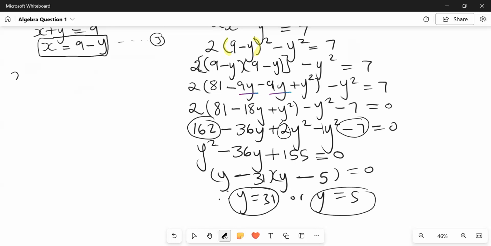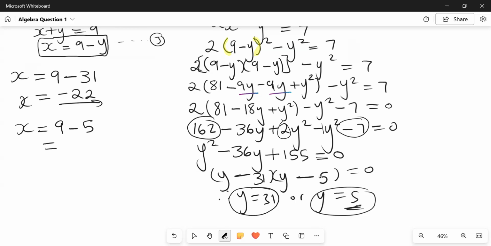So you have your x equals 9 minus, let's start with 31. 9 minus 31 is equal to minus 22. That's your x. And then x again equals 9 minus, now y is equal to 5. 9 minus 5 is equal to 4.